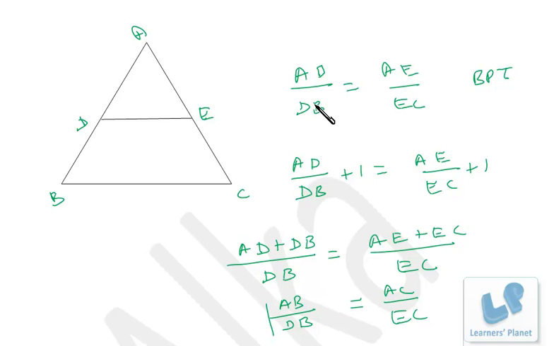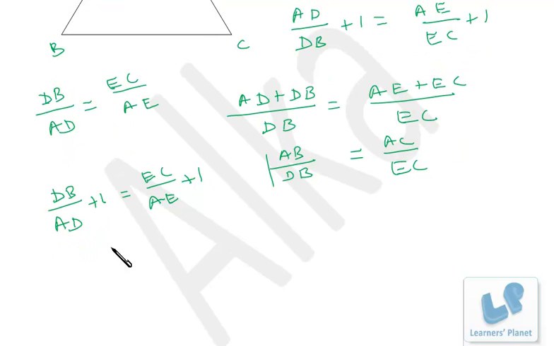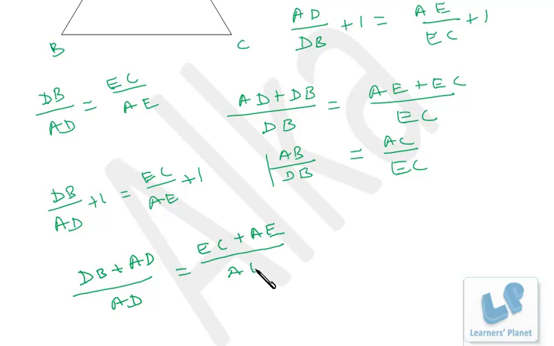Similarly, I just write the reciprocal of the same. So DB by AD is equal to EC by AE, right? Now I add 1 to both the sides. So DB by AD plus 1 is equal to EC by AE plus 1. Further I take LCM. DB plus AD by AD is equal to EC plus AE by AE, right?